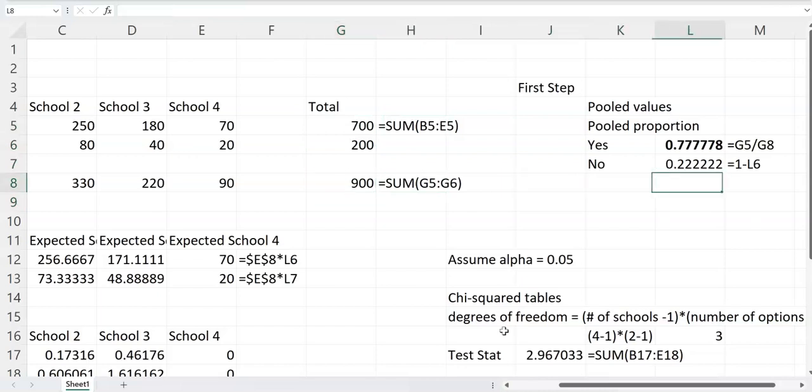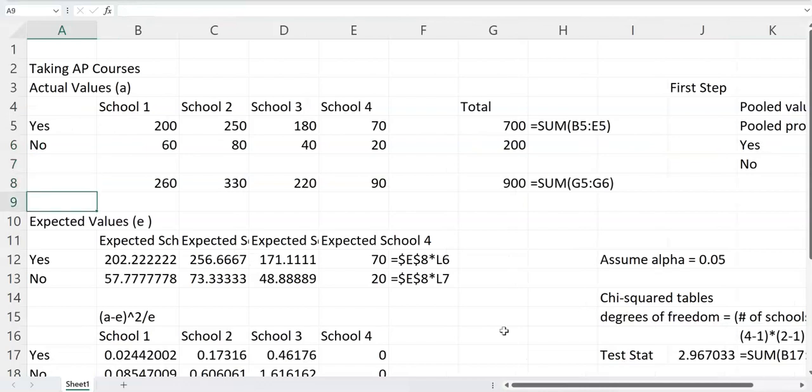So the numbers are here and the formulas are there. After we find that, we then use the pooled proportion to find the expected values. So instead of 200, if the proportion was the same across all the schools, this is what I would expect the values to be.